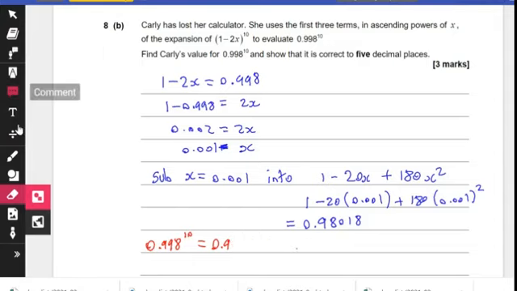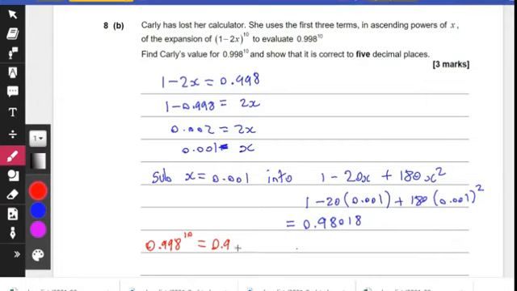Can you say it one more time? 0.9801790. Thank you. You're welcome. Which then equals 0.9801825 dot dot dot, which equals 0.98018 to 5 dp. So yeah, they match.